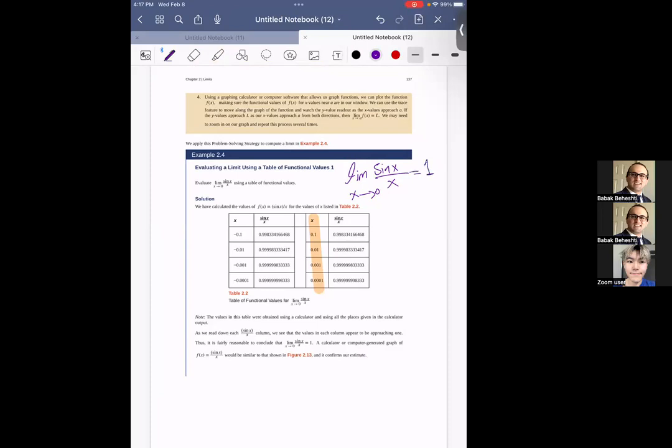But for now, we just accept this as a fact, that the limit of sine x over x when x goes to 0 is 1. This is very important. I'll write it here again. This is one important result that we obtain. So limit of sine x over x, x goes to 0 is 1.